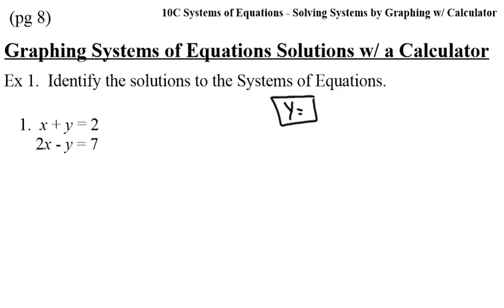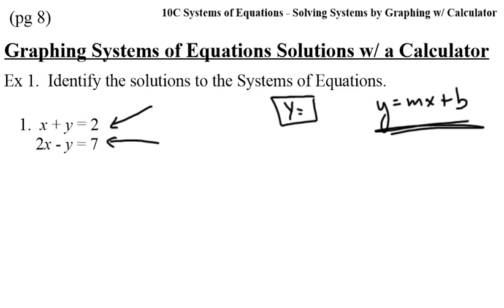We need to make sure that we have our equations in y equals mx plus b form, slope-intercept form for each of those, so they can effectively be put in. We're going to put it in twice. We're going to put in y1 and we're going to put in y2. This would be our y1, that would be our y2. So we have to put two of them in.